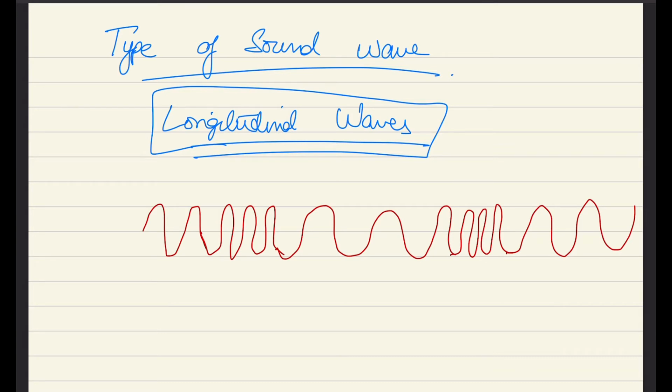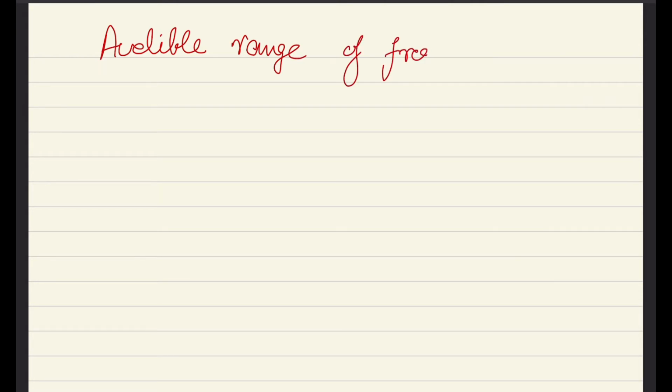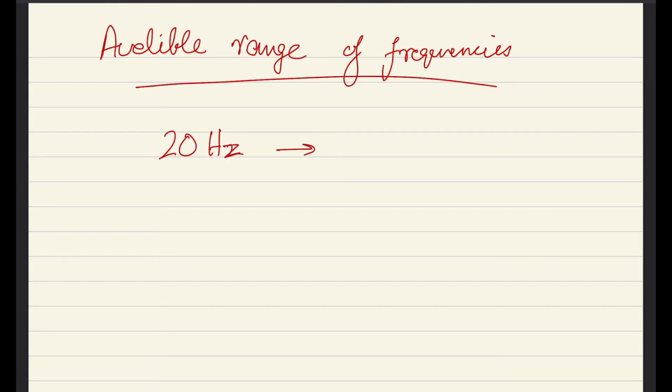Now we will discuss the range of frequencies that are audible to humans. So the audible range of frequency for humans: humans can hear frequencies from 20 hertz all the way to 20,000 hertz, or 20 kilohertz.